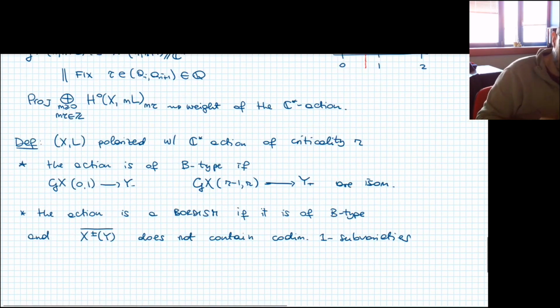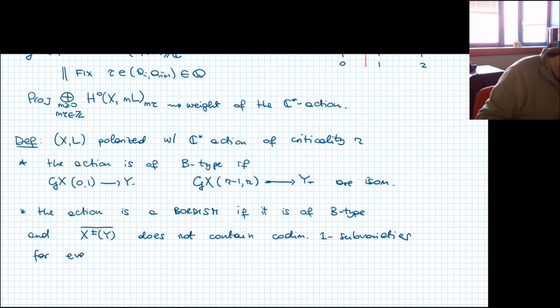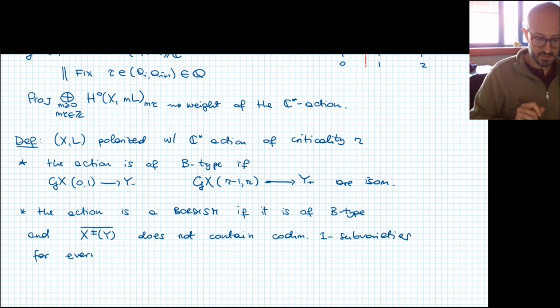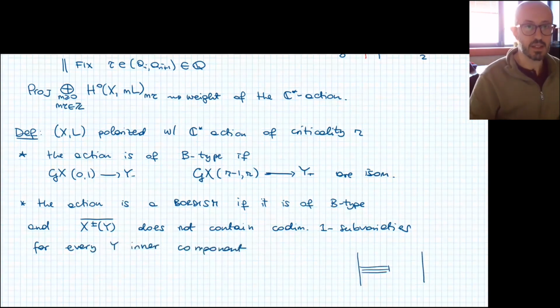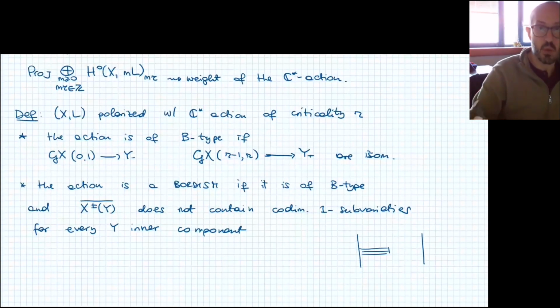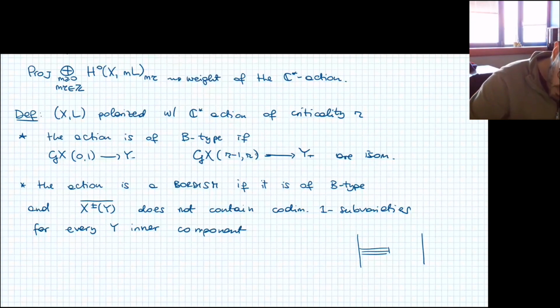For every inner component, here it is. For every element of this form, you don't want this locus to be divisorial.